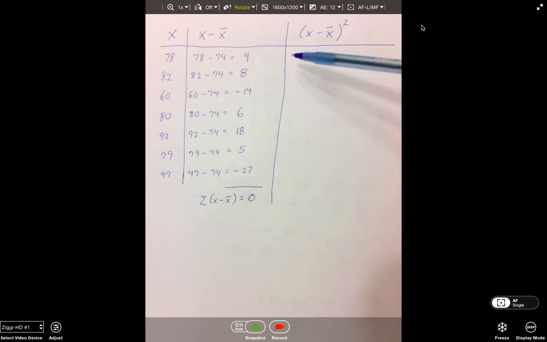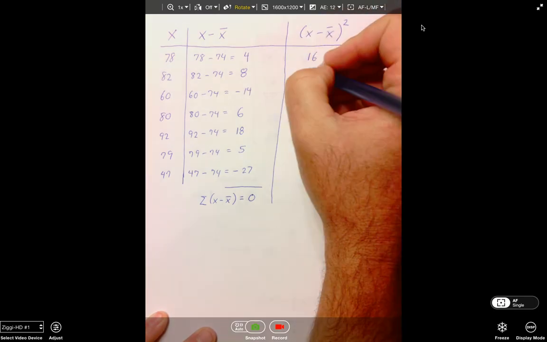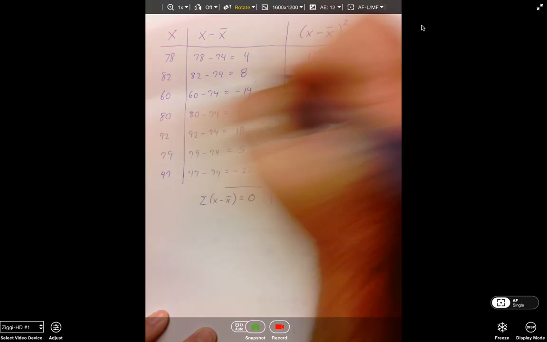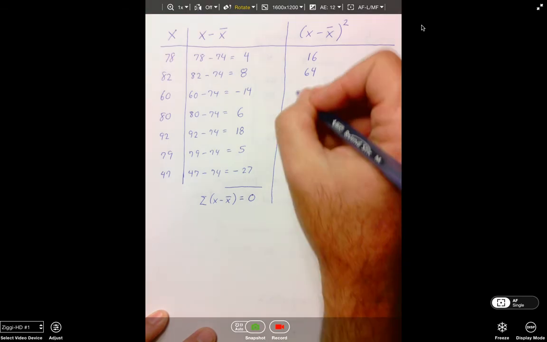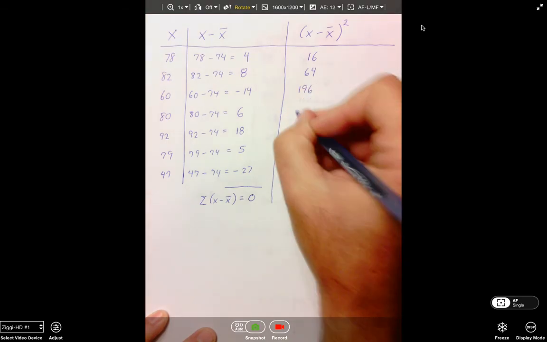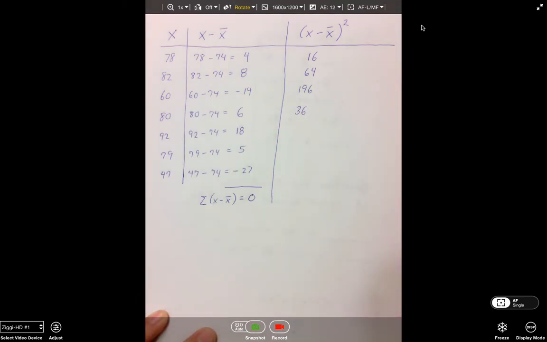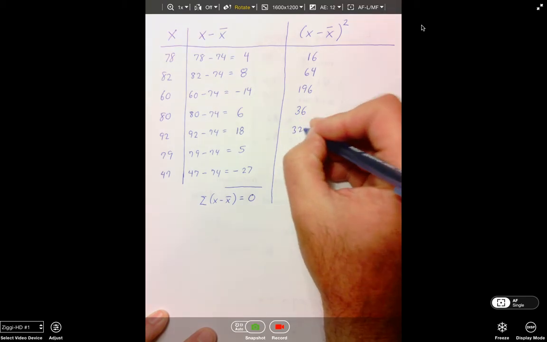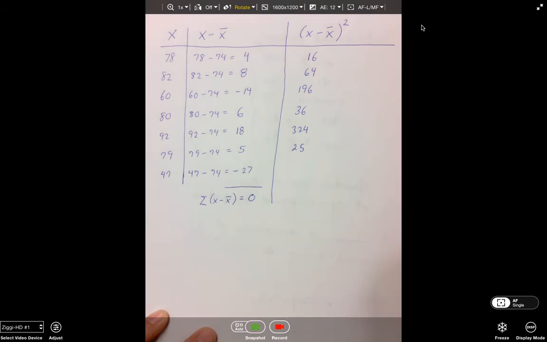So what they did here is they decided to square these things. So 4 squared is 16, 8 squared is 64, 14 squared, I think it's 196, 36, 18 squared, I think is 324. 5 squared is 25, and 27 squared is 729.